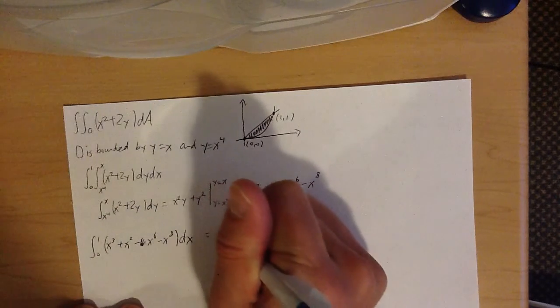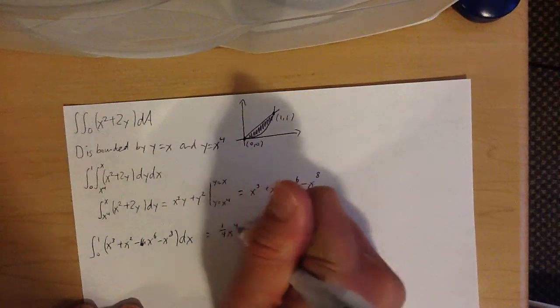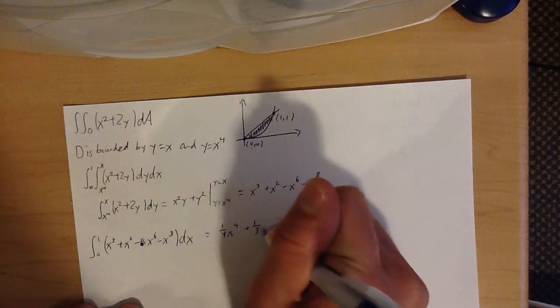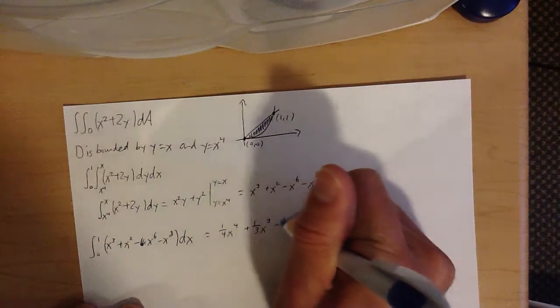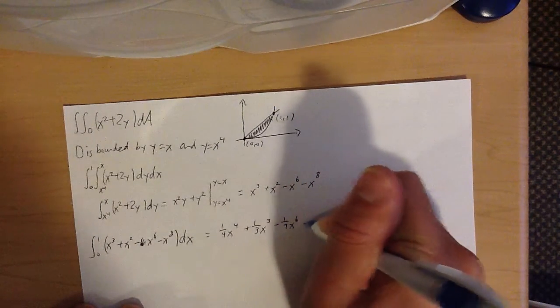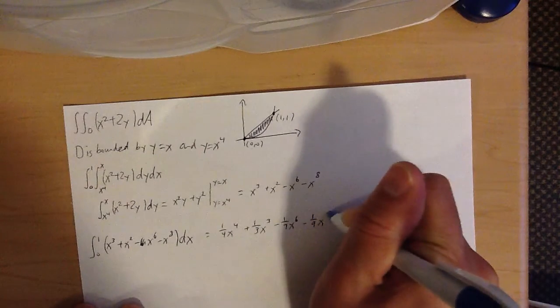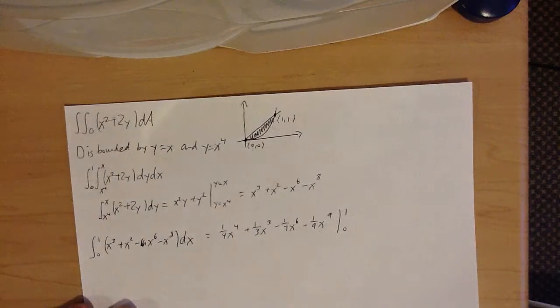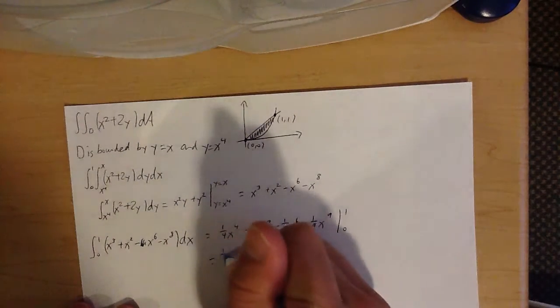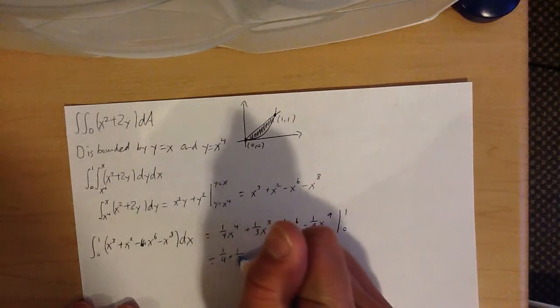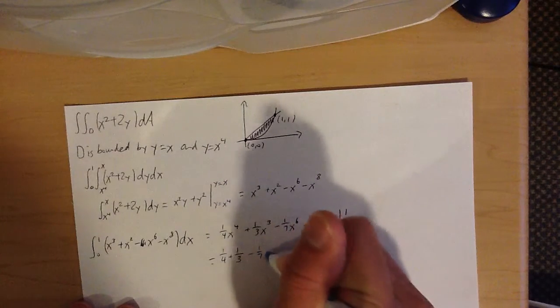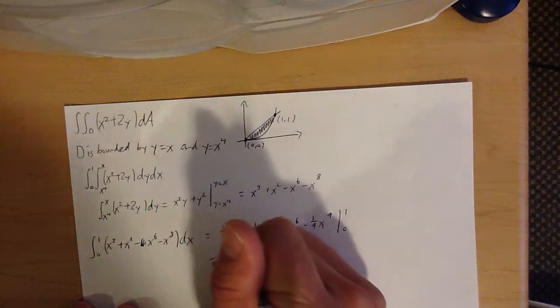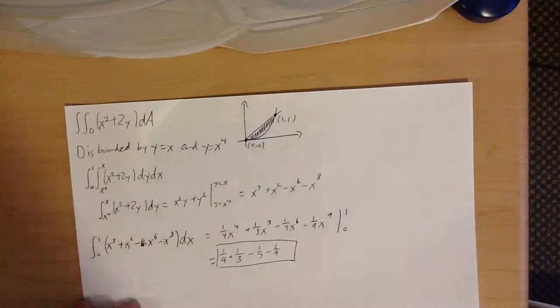So we have 1/4 x to the fourth plus 1/3 x cubed minus 1/7 x to the seventh minus 1/9 x to the ninth, evaluated from 0 to 1. So this is simply 1/4 plus 1/3 minus 1/7 minus 1/9, and you could leave your answer at this.